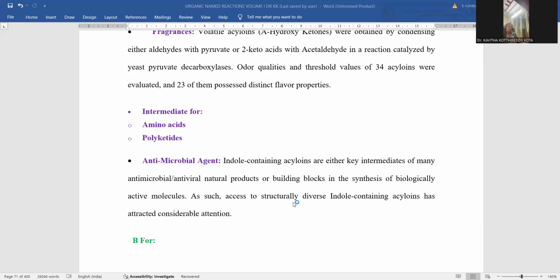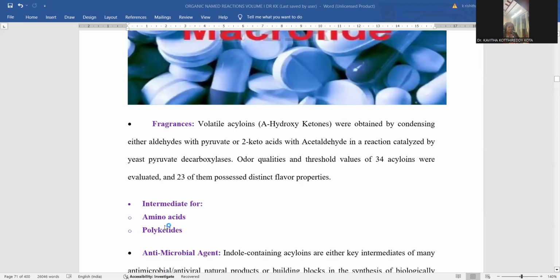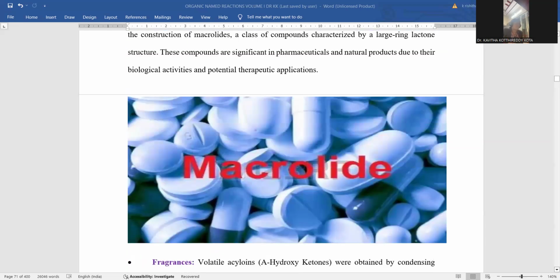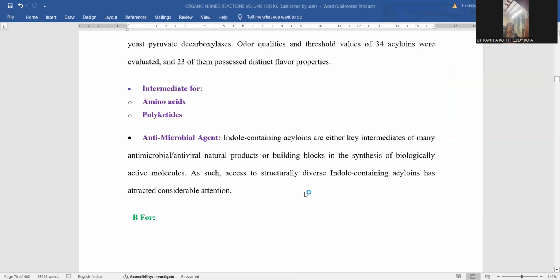As such, access to structurally indole containing acyloins has attracted considerable attention. This is the way acyloins play a vital role in the field of synthetic organic chemistry. Multiple applications are provided, and multiple synthetic routes are also explored by means of research.